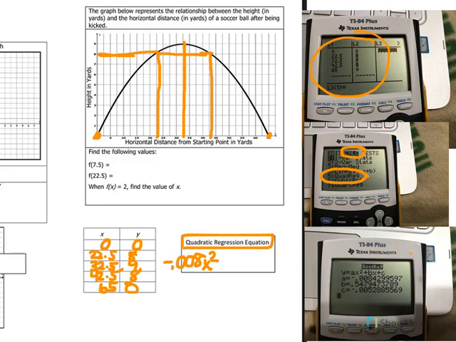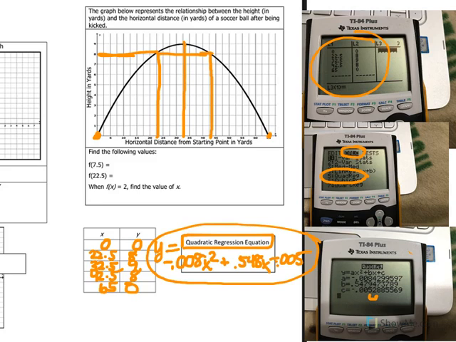B, we're going to go past again, so we are going to have to round it up, so that's going to be plus 0.548x, and then no rounding necessary on the last point, negative 0.005. Let's put y equals at the beginning, and there's our quadratic equation that we were able to get using regression.